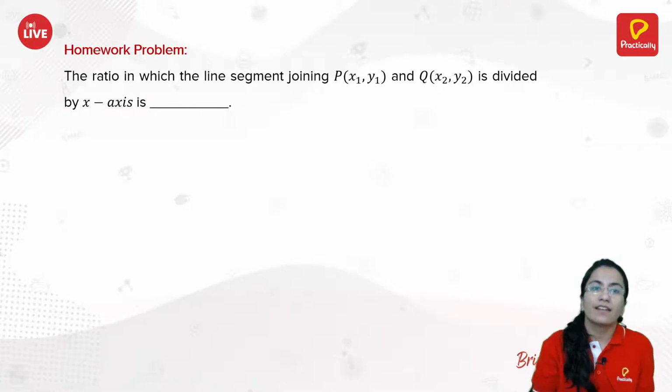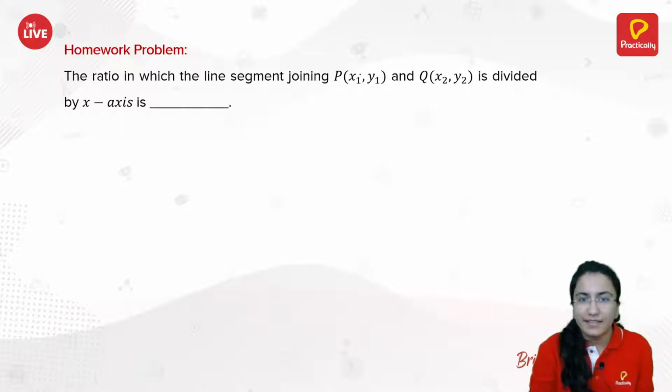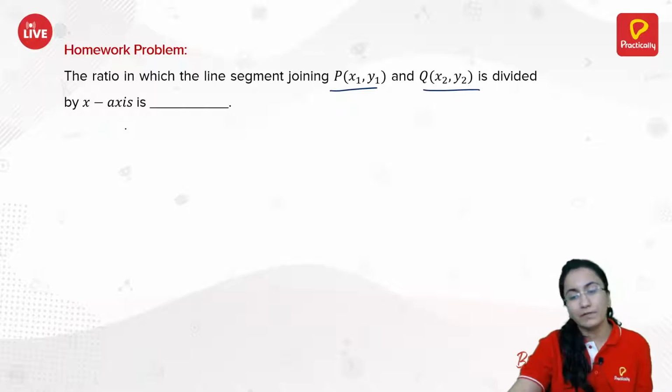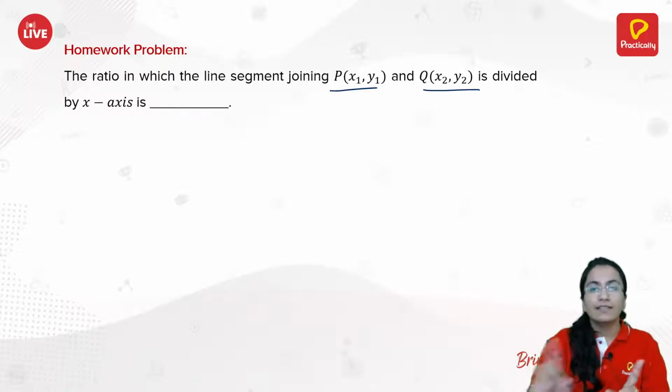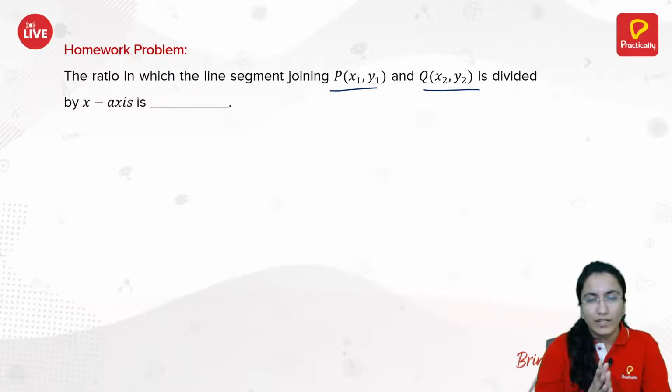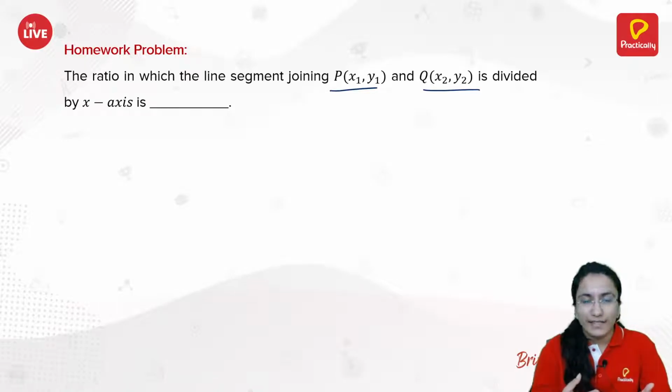Okay, so next, here is a homework question for you. The question is: the ratio in which the line segment joining P and Q is divided by the x-axis. You need to find the ratio in which the line segment joining these 2 points is divided, as the x-axis might pass through this line segment.